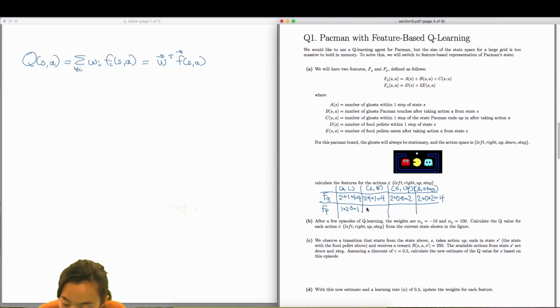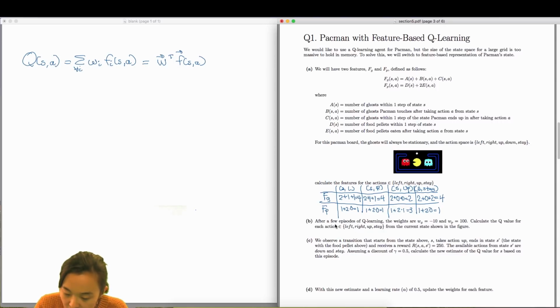And then likewise for going right, we have 1 adjacent and 0 consumed, and for up, we have 1 adjacent plus 1 consumed, and for stay, we have 1 adjacent and 0 consumed. Okay, so pretty straightforward.